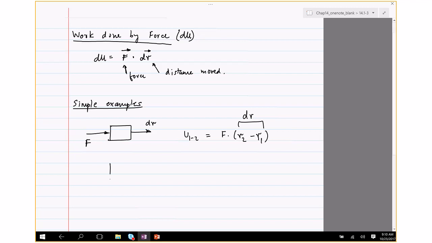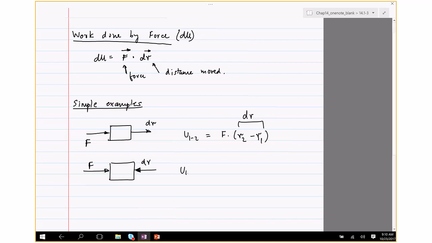However, you may get a case where there's a force F which leads to the particle moving in the leftward direction. Okay, this happens when, for example, you have things falling under gravity and you apply a force which is less than mg, then you will have a case where this is true.